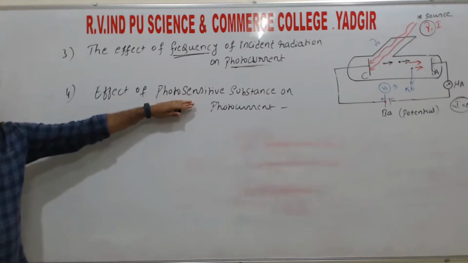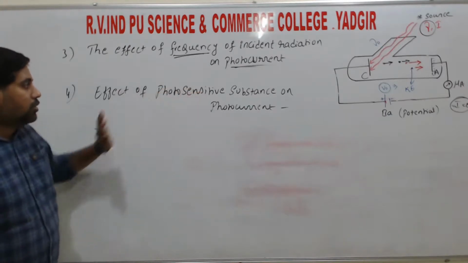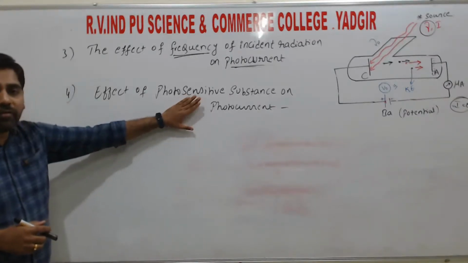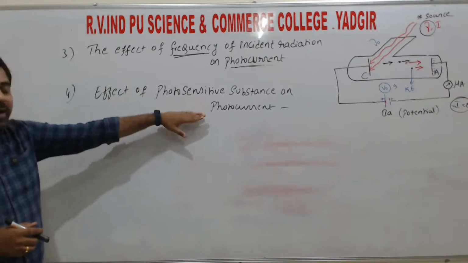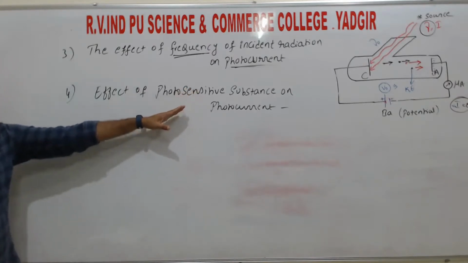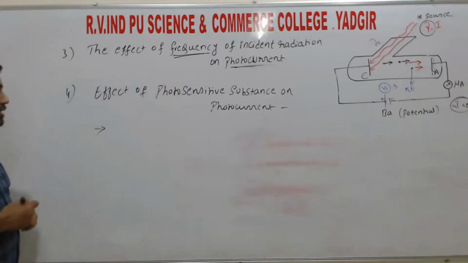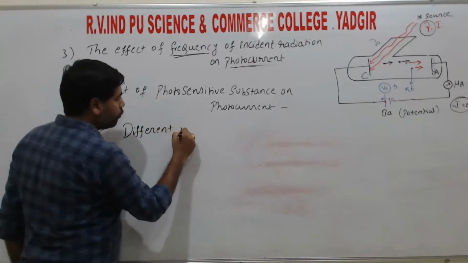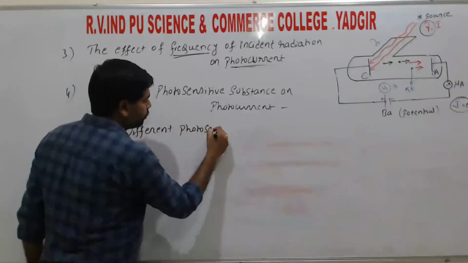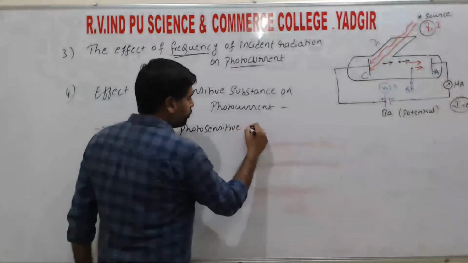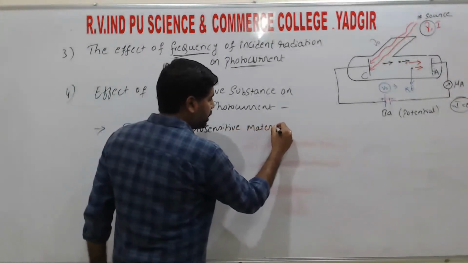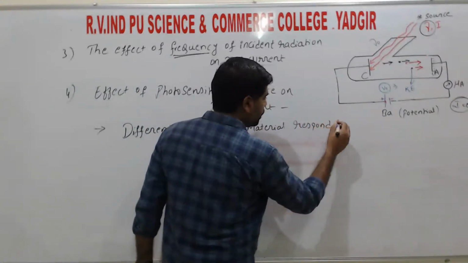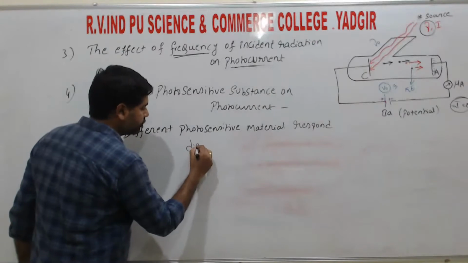In that, the first one is different photosensitive substances, materials or surfaces, which react with different natures, right? Different photosensitive materials or substances respond differently with light.